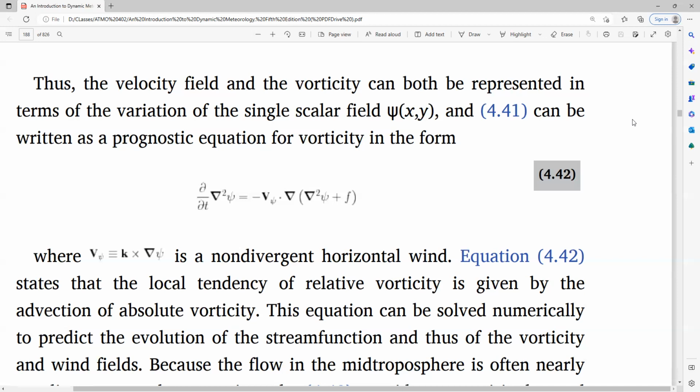That means if the airflow moves to the north, increase in the planetary vorticity, the planetary vorticity can increase or decrease. Once you move to the south, it can decrease in the planetary vorticity.